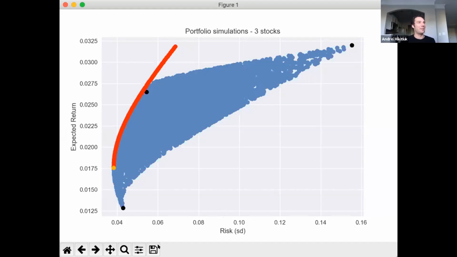So now you can see the fun part. Yeah, so that's the result of this simulation. All the blue dots are the simulated ones, those are our positive weight portfolios. But the real efficient frontier, the theoretical efficient frontier, that is the red line, diverges from this simulation exactly because it goes to negative values.